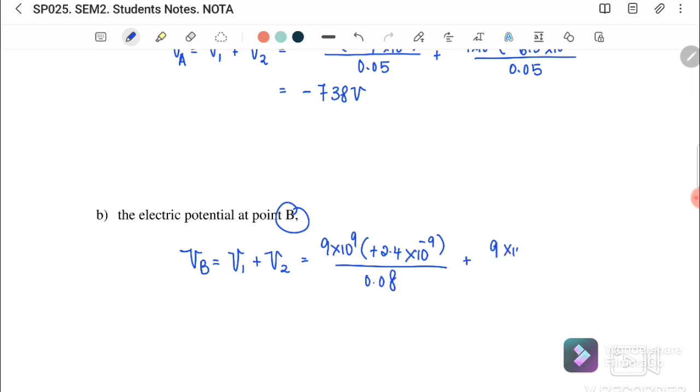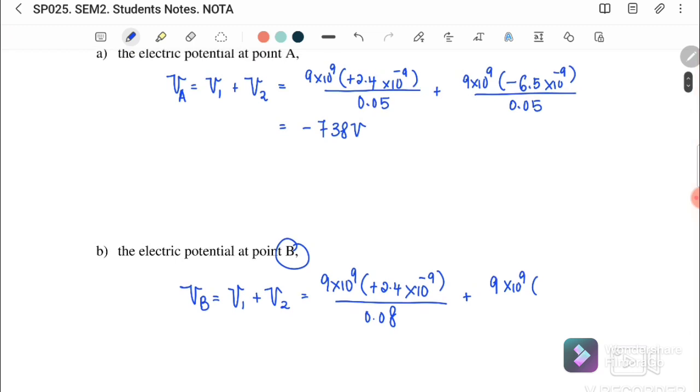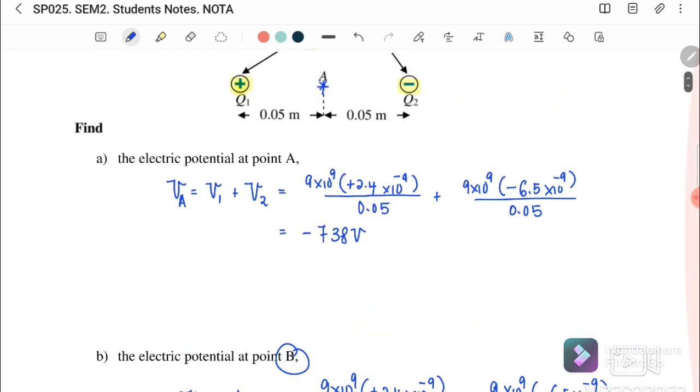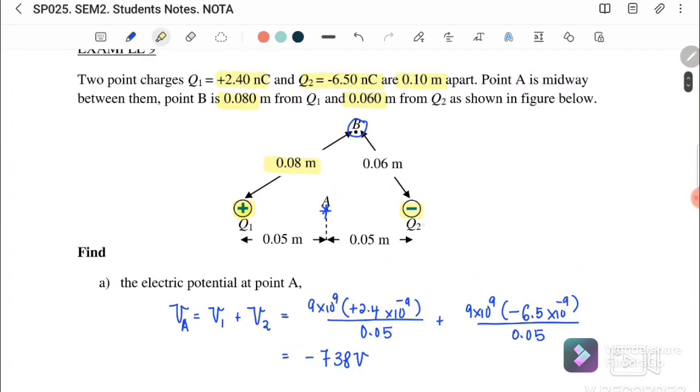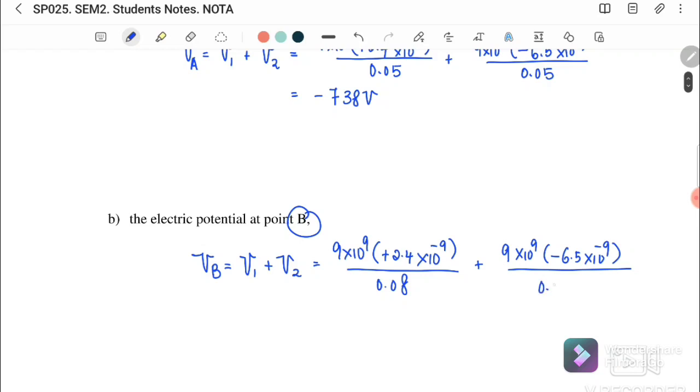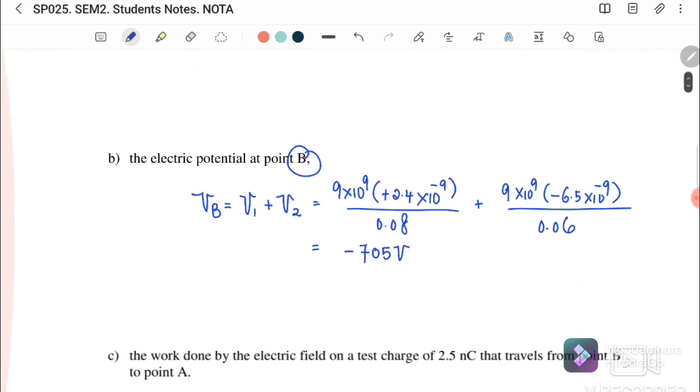Plus 9 × 10^9, and Q2 is negative 6.5 × 10^-9, and the distance between Q2 and B is 0.06. Therefore, the electric potential at point B is negative 705 volt. This is the electric potential at point A and point B.